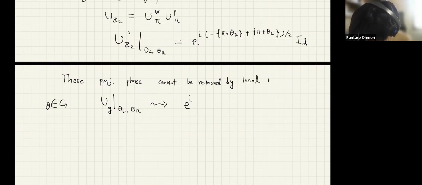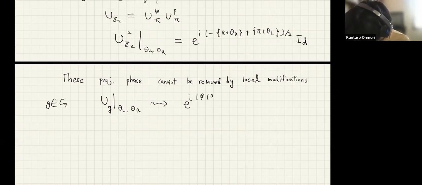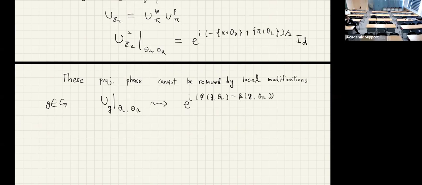So a local modification, which I define by this beta of G theta L, beta of G theta R.